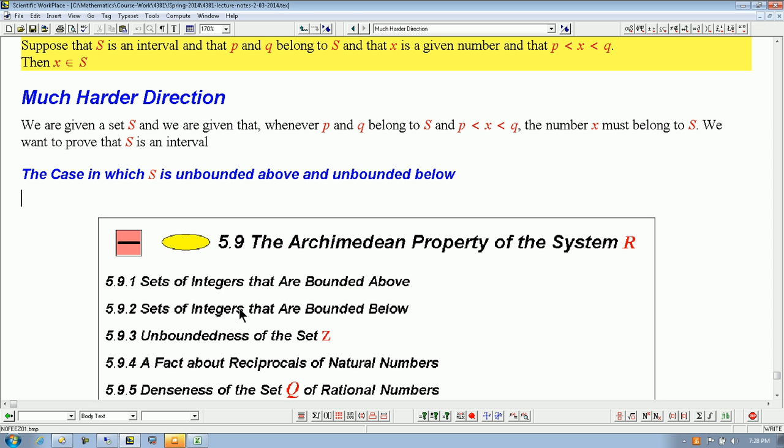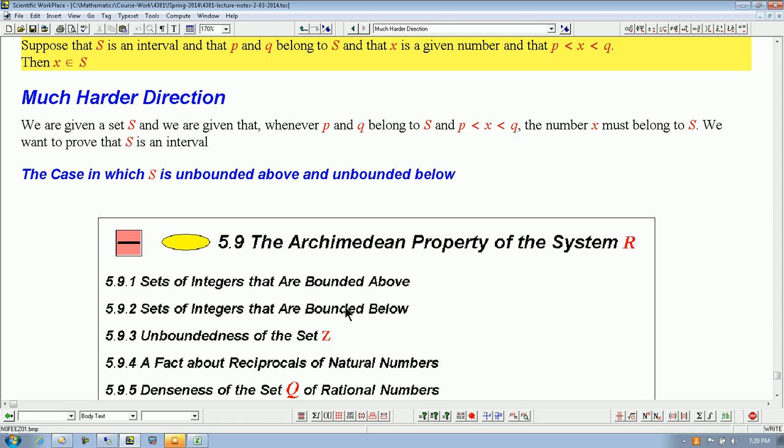I'm going to ask you a question. You've got a set S, and the given information is what? That every number that lies between two members of S is guaranteed to belong to S. That's the given information. And the set S is unbounded above and unbounded below. I'm going to ask you, what do you think this set has to be?